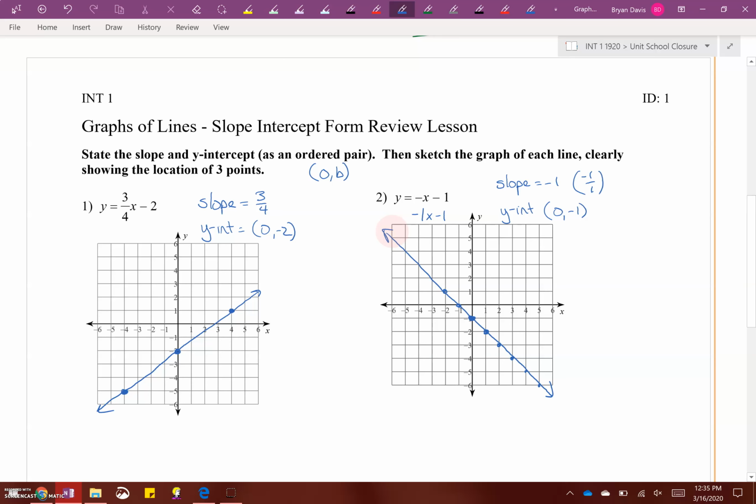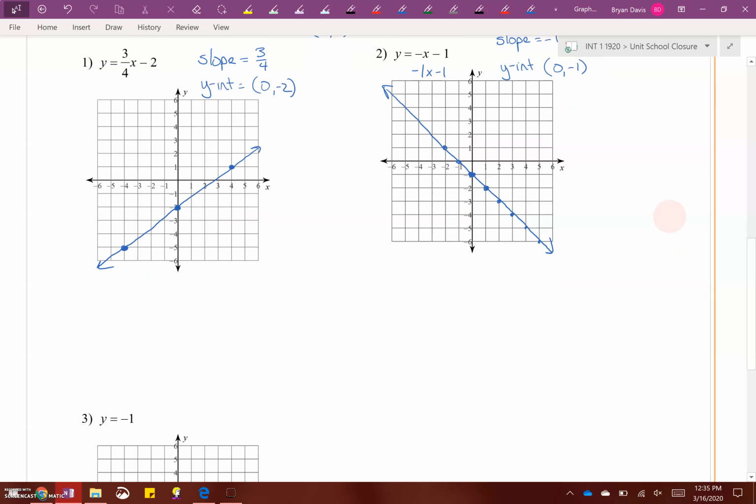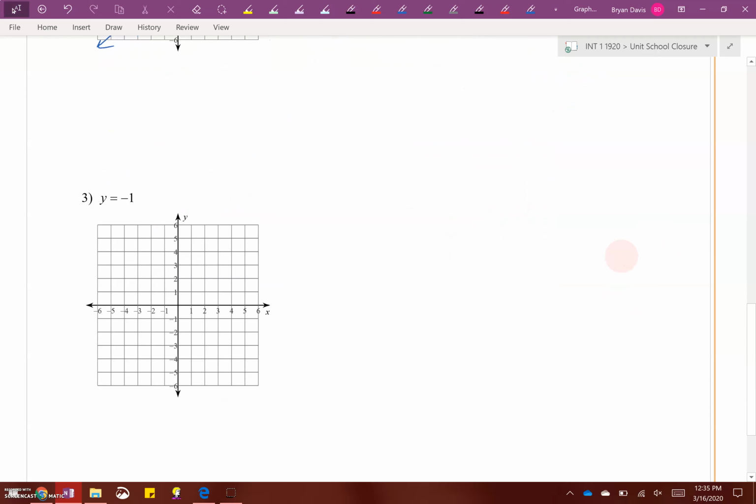And then I want to show you one other special case, the line y equals -1. When I'm thinking about this, I know that I'm going to just draw in points where the y value is -1. So I might have a point of (0, -1). I might have another point of (3, -1). That was an arbitrary choice. I could choose anything for x. All that I know is that y is -1.